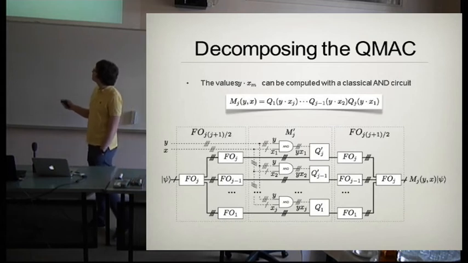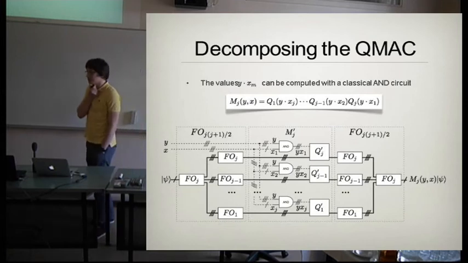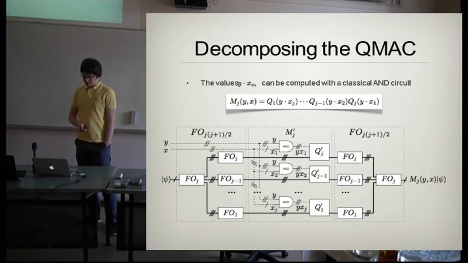We move all of these fan-outs, which we needed to create, to apply the gates in parallel to the front and to the end. And with a bit of counting, we can see that this is just a bigger fan-out operator. And this is the parallel version of the MJ operator.